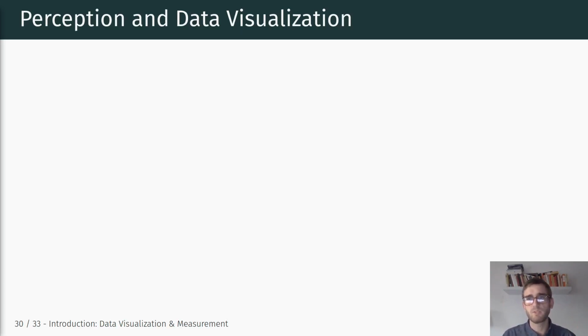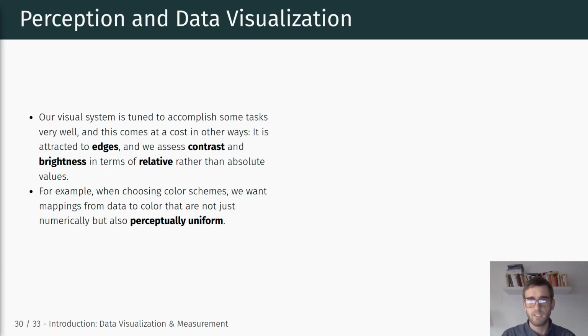The problems that we described previously are not easily solved by the application of good taste simply, or by just following a general rule to maximize information in a plot, although there might be good general rules of thumb. But what we need to do is know a little bit more about the role of perception in the interpretation of graphs, right?